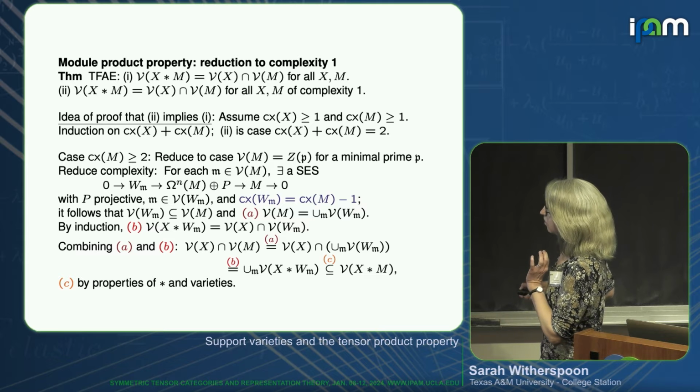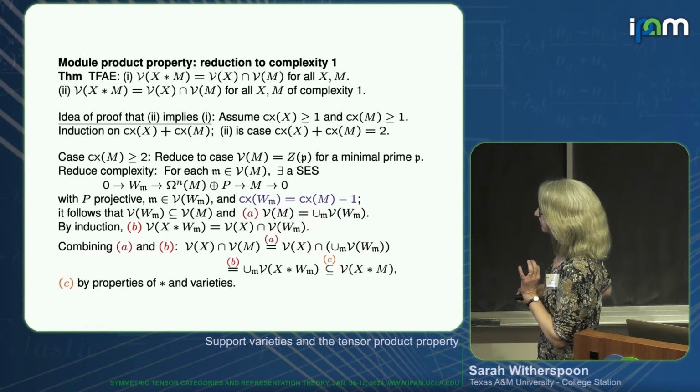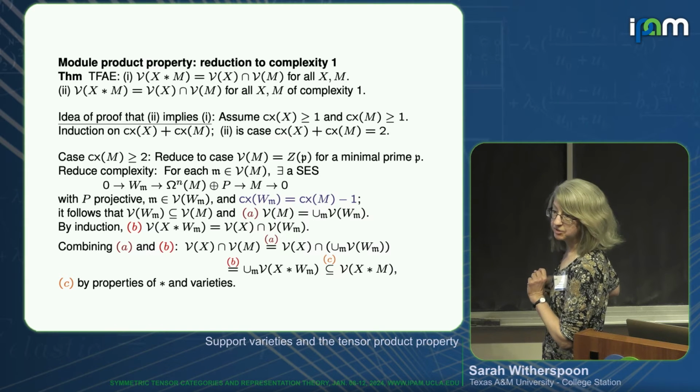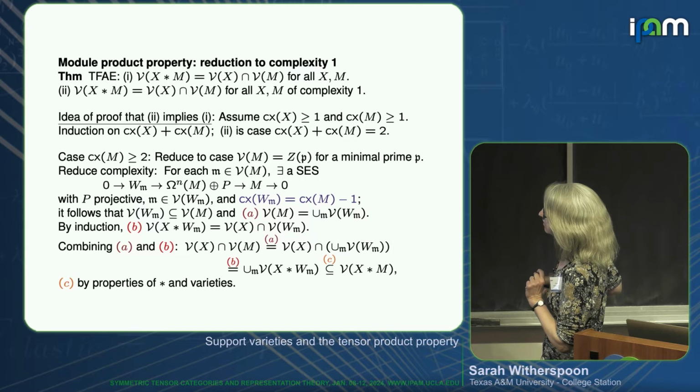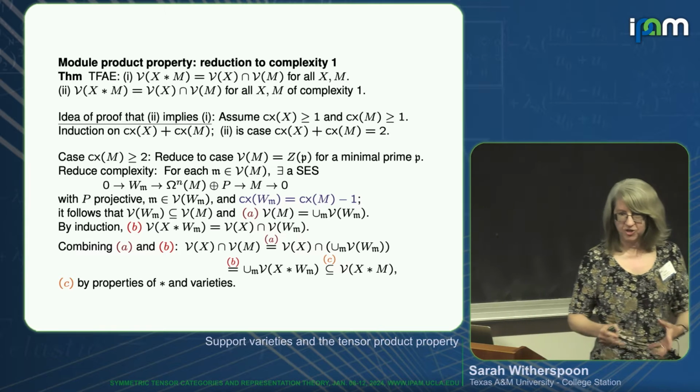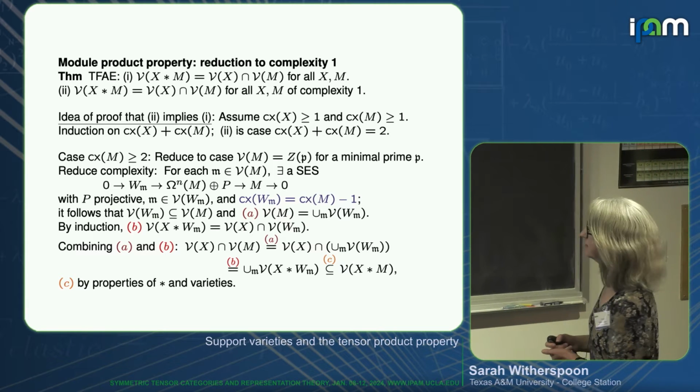Okay, so once you have these short exact sequences, things will fall out. It turns out that the variety of W sub 𝔪 is contained in the variety of M. Why? Remember, one of the properties said that the variety of any one of the objects in a short exact sequence is contained in the union of the other two. And the variety is preserved under shifts in this category.